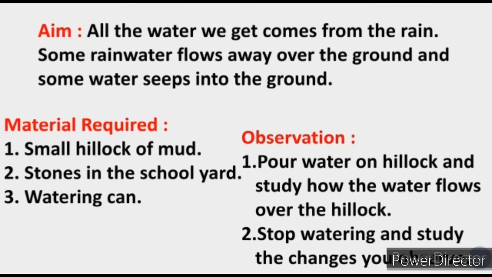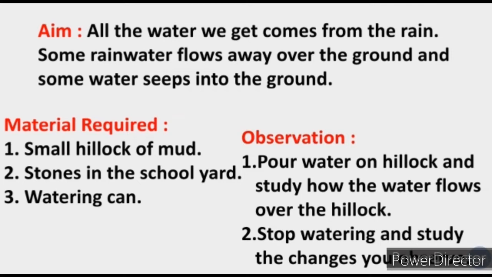You have to collect some stones from your school yard, an area where the surface is hard and a few stones are kept for making the fence, on the ground. Third one, watering can. Means a can with the help of which you would water your plants. That is called a watering can.